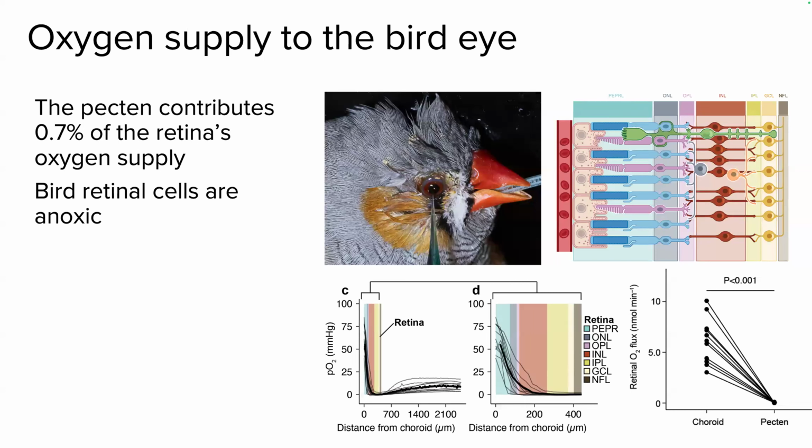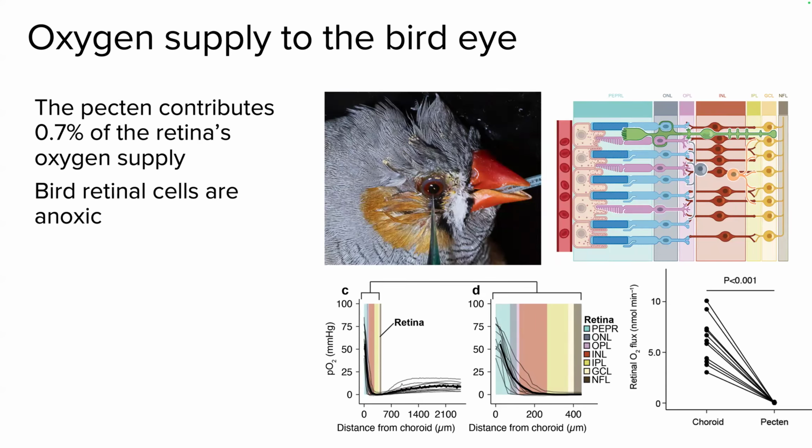Hey, Christian, has anybody tried to do a vein occlusion of the pecten to see if preventing blood flow into it has any effect on the retinal anatomy? There has been a study back in the 70s by Vincent Braekevelt, who ablated the pecten, so did a surgery where he removed the entire pecten.